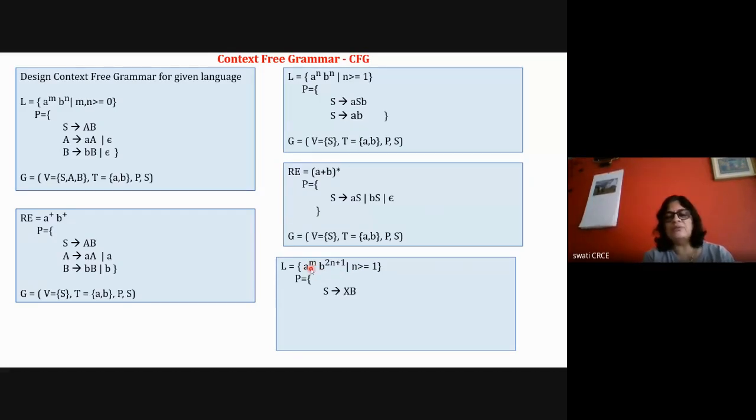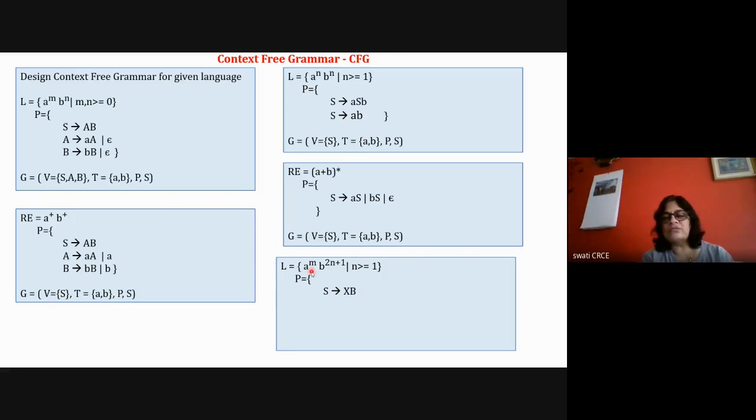So I'll say that S is equal to xb. You can use capital A also. These are the variables which are defined by the programmer. Programmer can use any capital letter. But normally in most of the books or wherever any material is there, we use the variables a, b, c, d, e, f or x, y, z, w. Such kind of variables are used. So I have used here x and b.